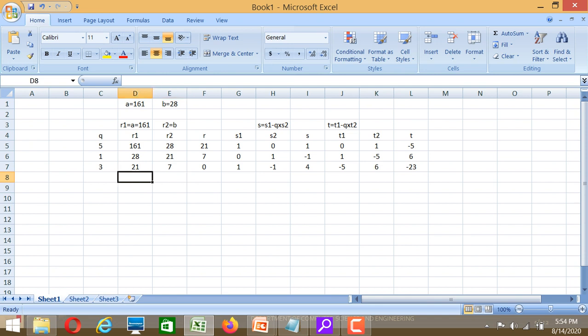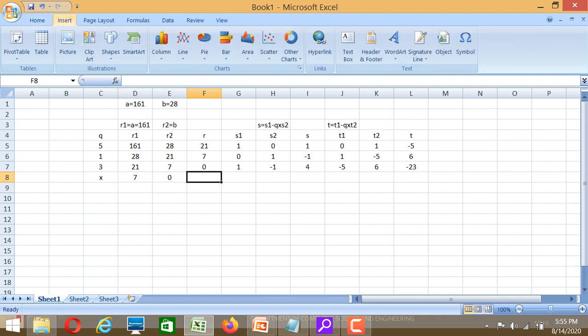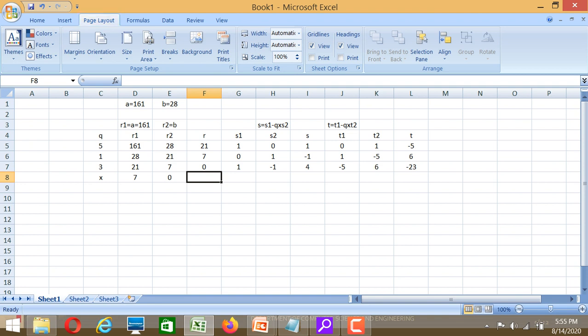Now this R2 becomes this R1, 7, and this is the 0. So finally we will stop here because we get the 0 here. So no need to calculate the rest. The S1 is this, S2 becomes this S1, this S becomes S2.